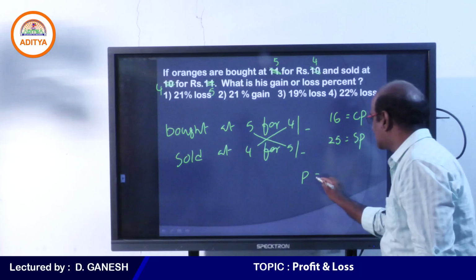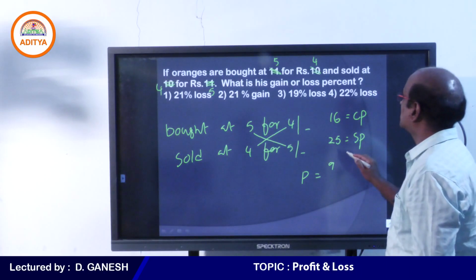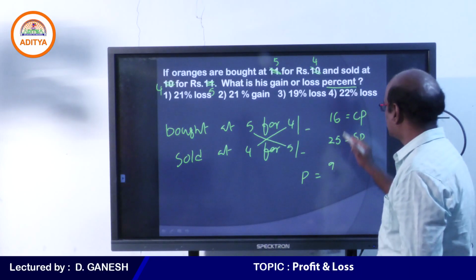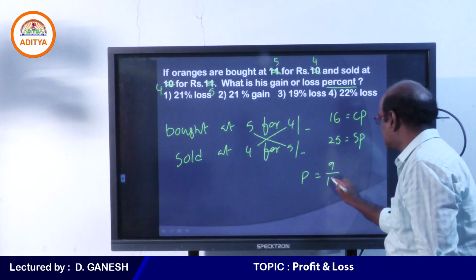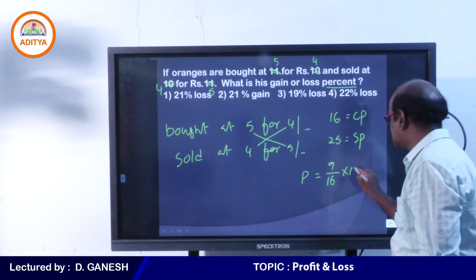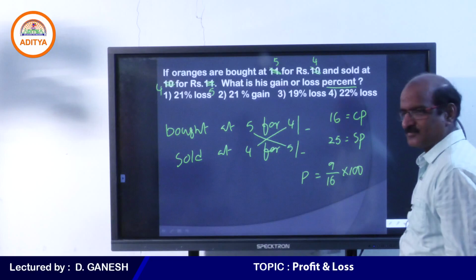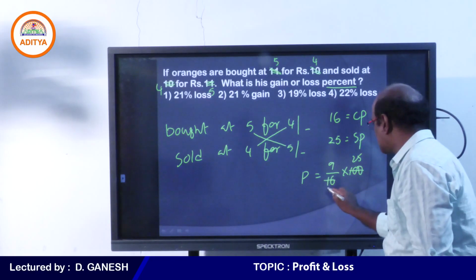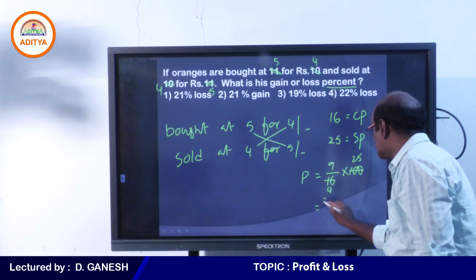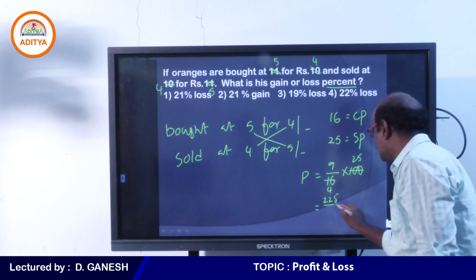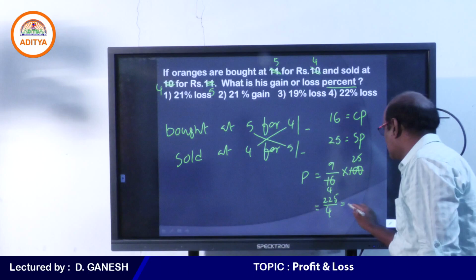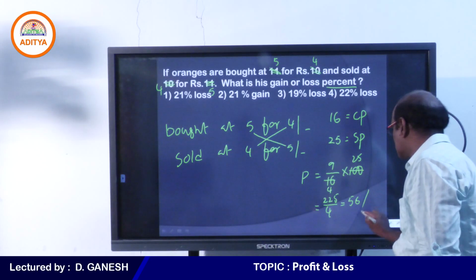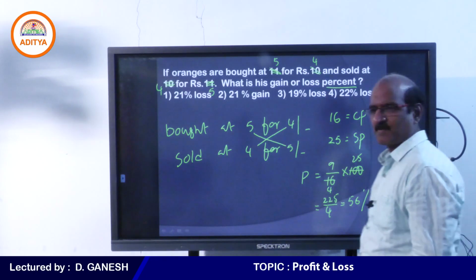Therefore you must be getting a profit of 9. But you are asked to find percent. Profit percent is 9 by 16 into 100. 4 you cancel 25 times, 4 you cancel 4 times, so 225 by 4, therefore your answer is close to 56%.